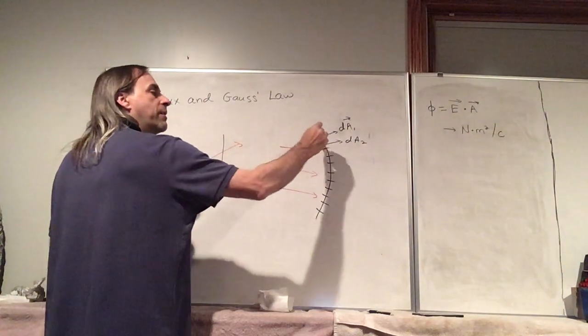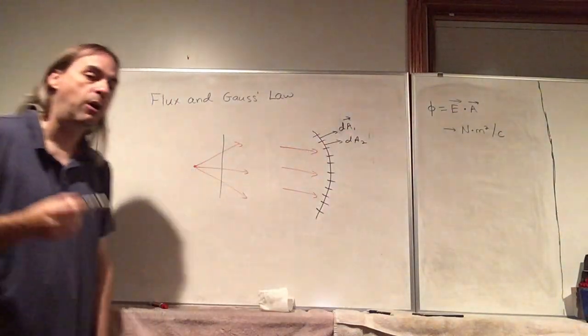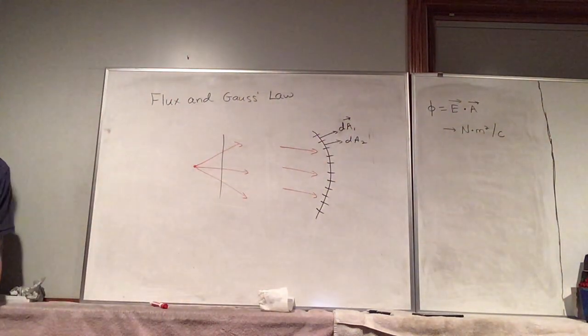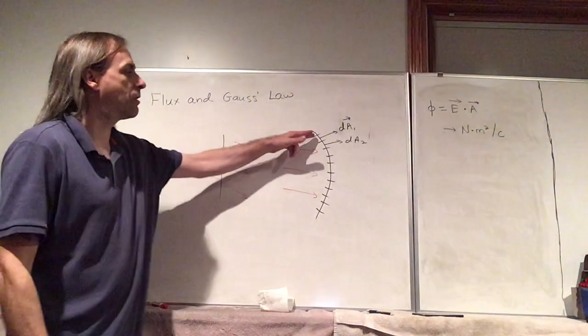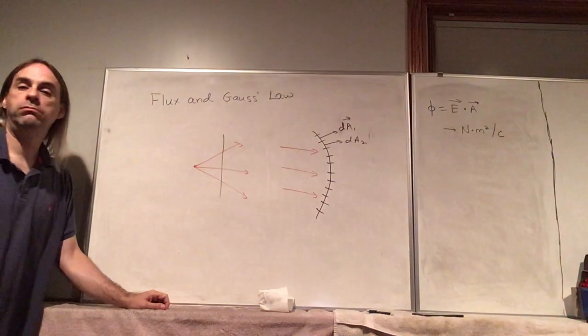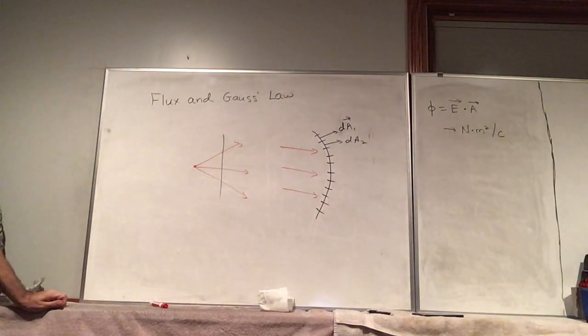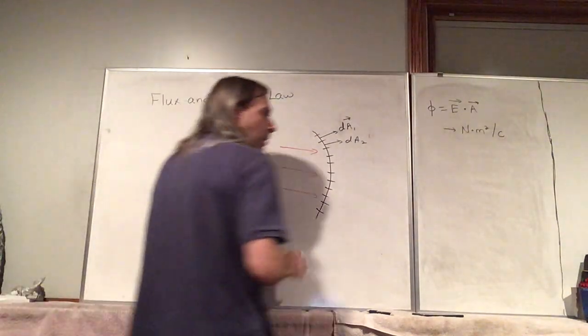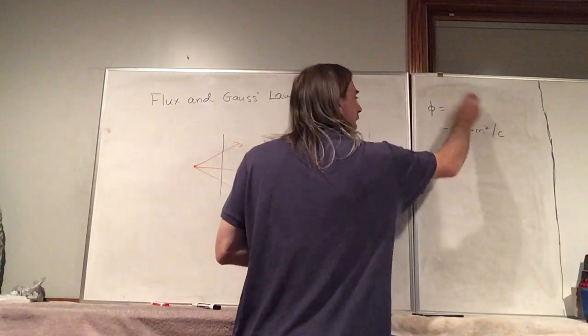And at every point on the surface, we can draw the electric field at that location. And then we can find the flux through each piece of the surface. And of course, then to find the flux through the entire surface, we would add up all the pieces. And so when you break it up into pieces and add up all the pieces, what we are talking about is an integral.